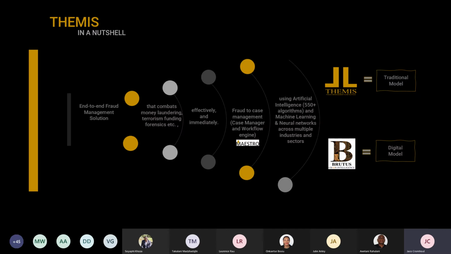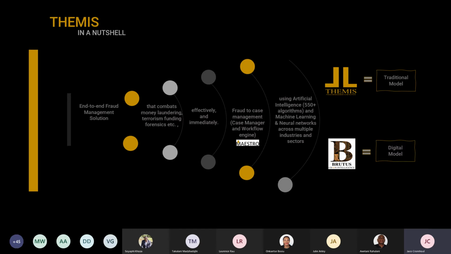In a nutshell, we created an end-to-end fraud management solution that covers all avenues of fraud. This includes money laundering, terrorism funding, your normal forensics, Ponzi schemes, syndication, internal collusion, and the list could go on.